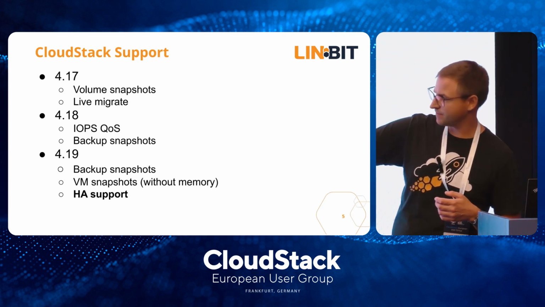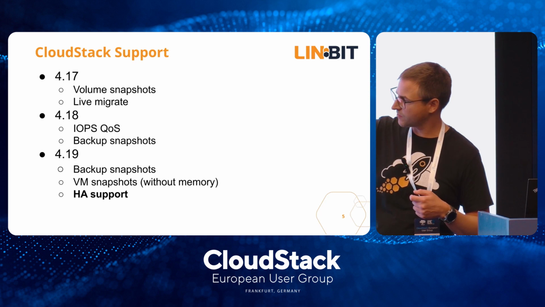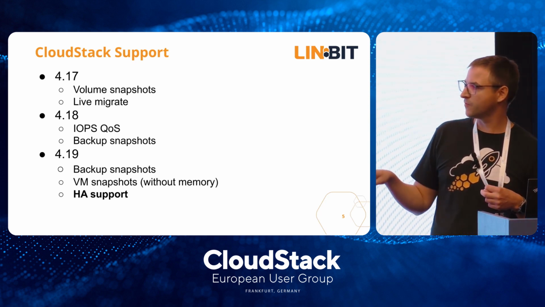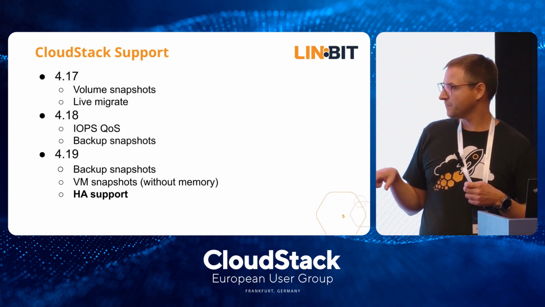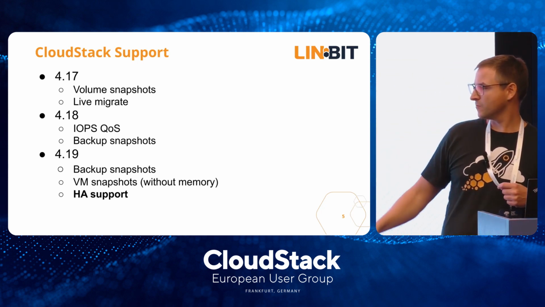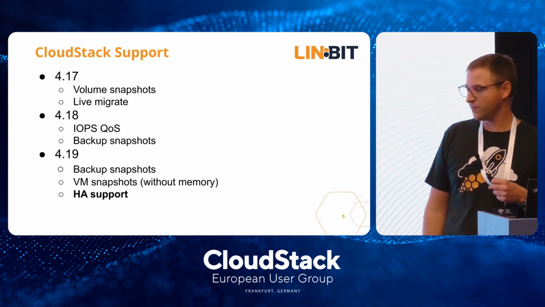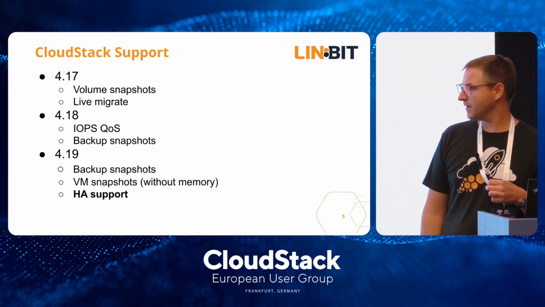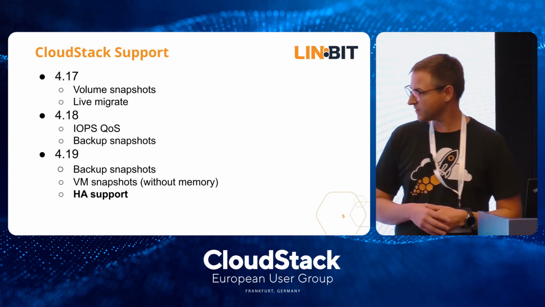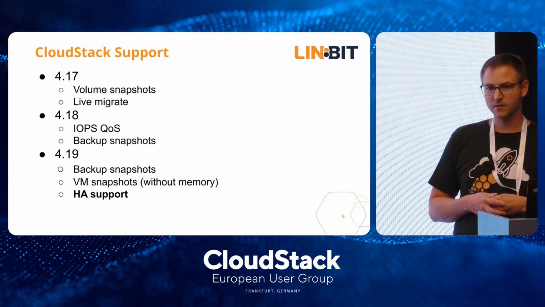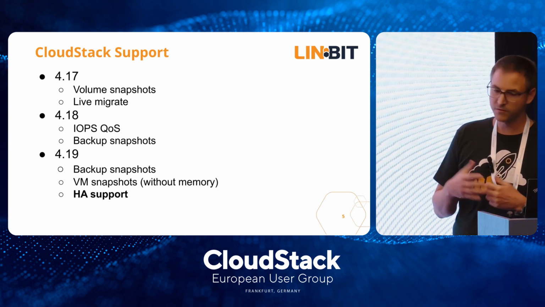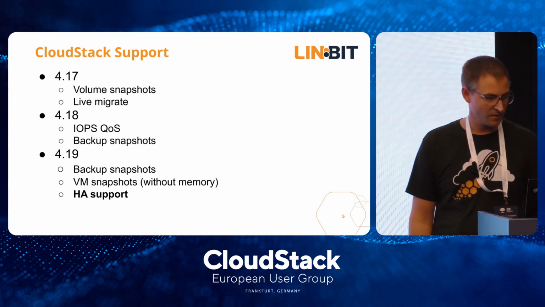For the last 2 points, it's only available in 4.19.1. We now also support VM snapshots without memory, and HA support. Thanks to Slavka for providing the basic interface for that. We just had to implement a few methods or functions in the interface, and now the Linstor plugin can also do HA.